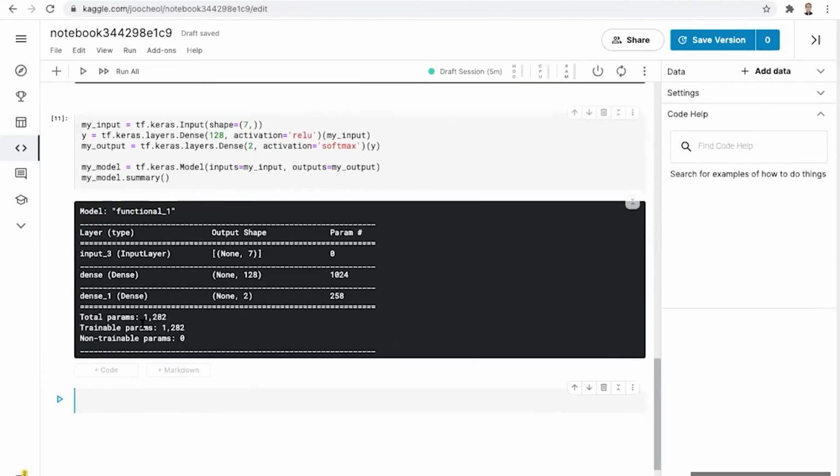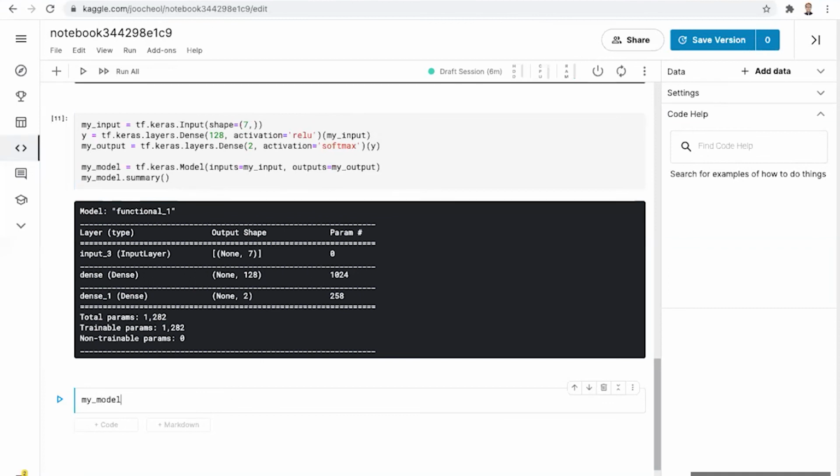Yeah, this is my model. So I have an input layer and a dense layer, and its output is a 2-node. So I define my model, and then I need to compile.